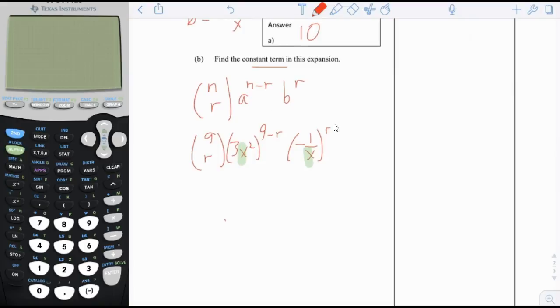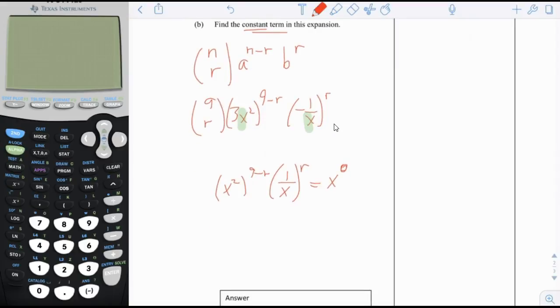It'll be x squared to the 9 minus r times 1 over x to the r. And I know that all of this multiplied together is going to give me x to the 0, because we know it's a constant term, which has no variable part to it.